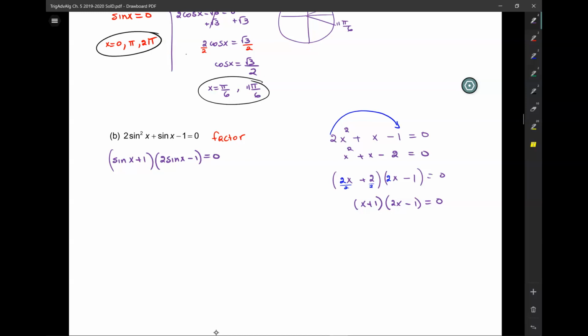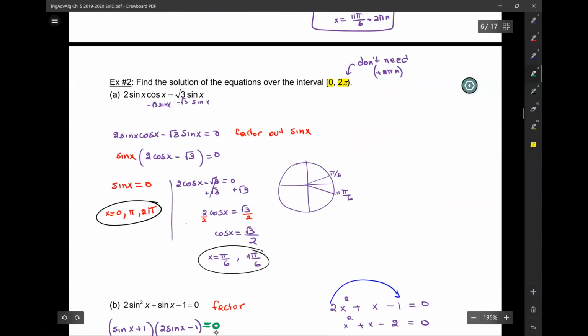So now look, here is the most important thing you'll learn in this lesson. It's something multiplied by something equal to 0. In the top here, I had sine x times this parenthesis equal to 0. In both of the cases, I have one thing multiplied by another thing equals 0. This is the only time that you can say that individual terms are equal to 0.